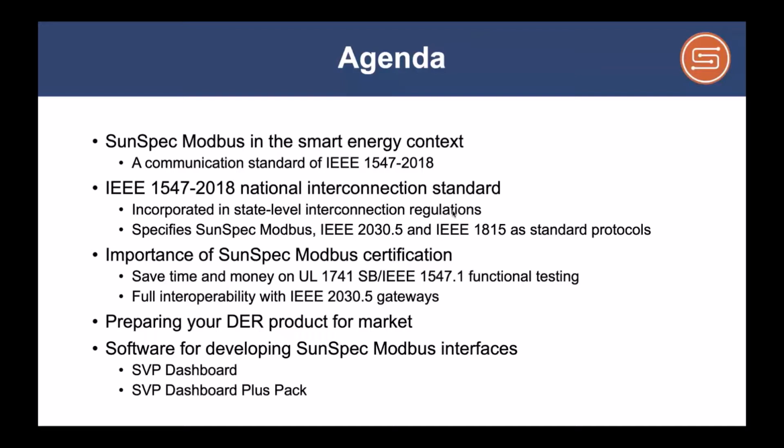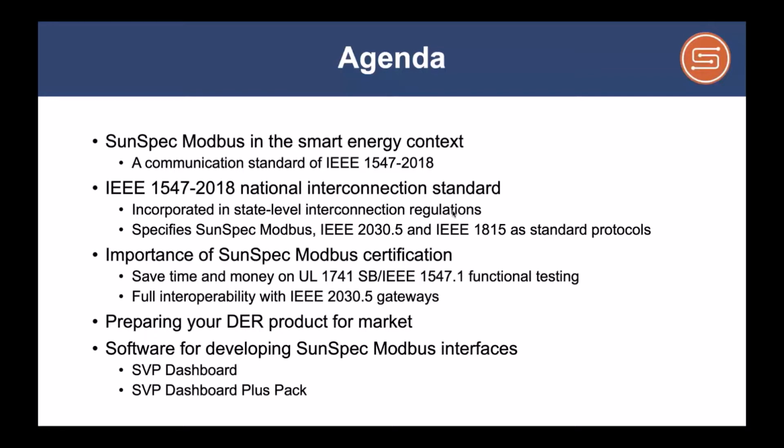Secondly, we'll discuss the IEEE 1547 National Interconnection Standard. As the name implies, this standard was passed in 2018 and became law upon its ratification. That mechanism, in the U.S., is the U.S. Energy Act of 2005 that made IEEE 1547 a national standard.